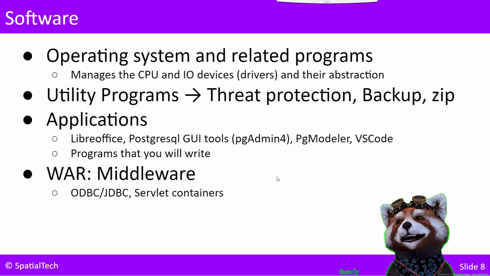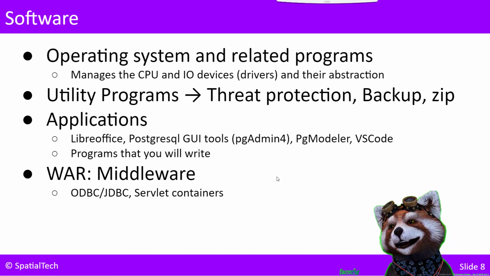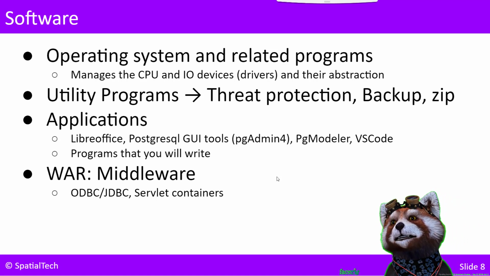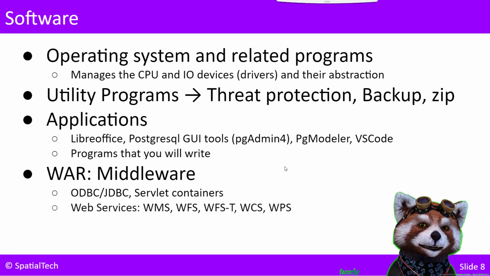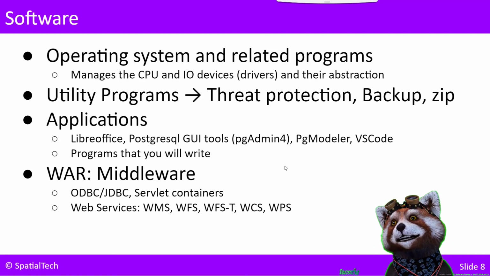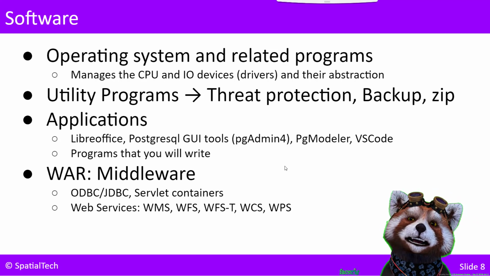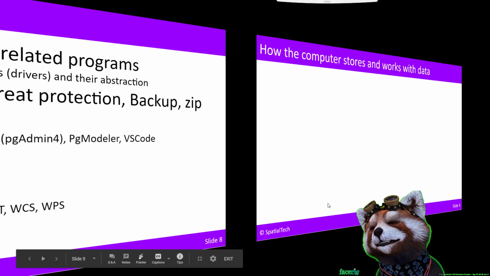And so we can have lower level stuff, open database connectivity, database connectivity, or maybe even middleware like servlet containers, which run things like ArcGIS Server, or the portal, which would be ArcGIS Online running on your own servers, right? And typically through those, from a GIS perspective, what we see a lot of in terms of middleware, we see these web services, web mapping services, web feature service transact, web coverage services, web processing services.